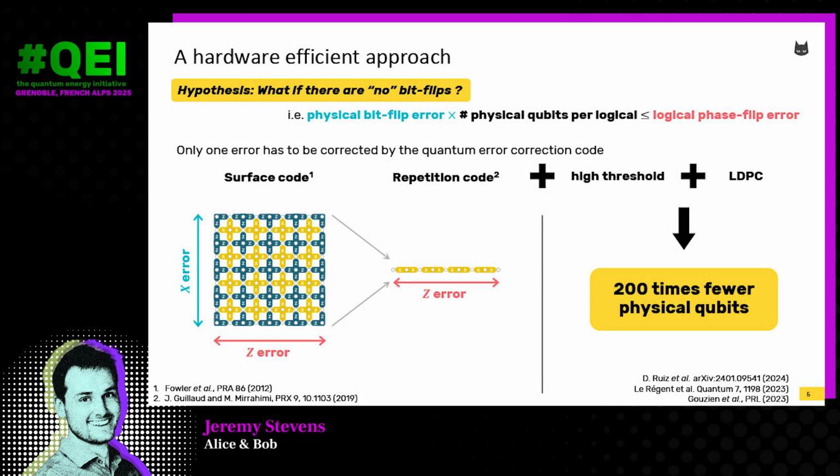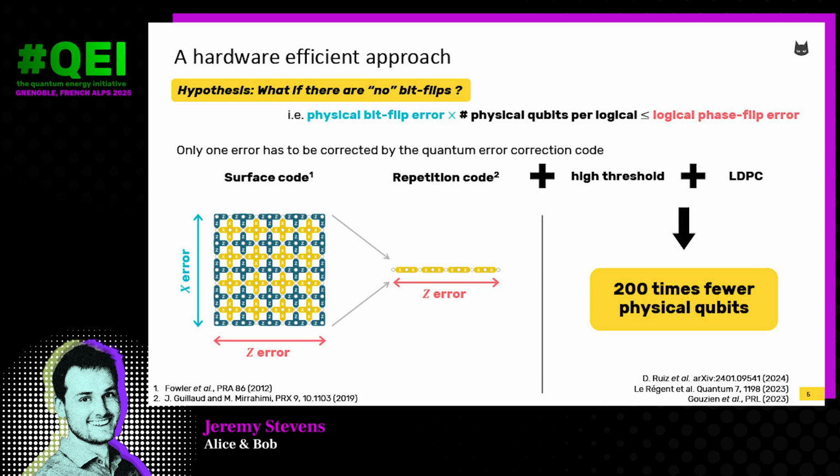Unlike usually in superconducting circuits, where you have this surface code which is 2-dimensional, where each dimension can be seen as corresponding to correcting 1 type of error, in cat-qubits you only need to use a 1-dimensional repetition code, which is just a chain of cat-qubits, which corrects for the phase flip errors. If you combine this with the fact that these 1-dimensional codes have high error thresholds, and that the architecture is compatible with LDPC codes, we estimate that for large-scale problems, we'll need about 200 times fewer physical qubits than other superconducting platforms. So this is what we call our hardware-efficient approach, and it's great.